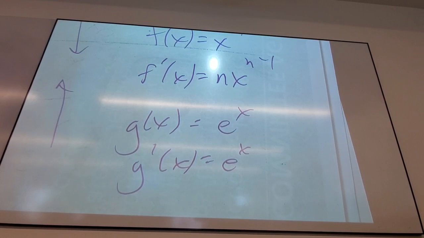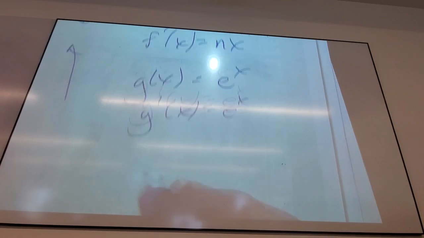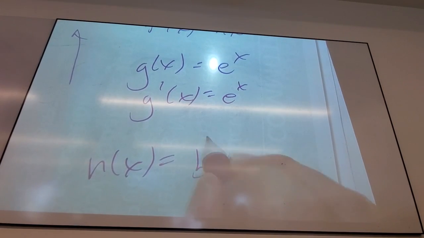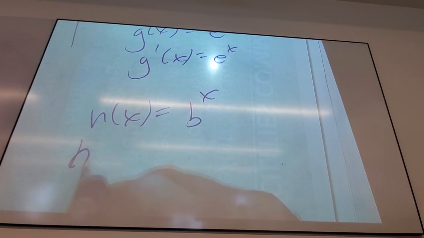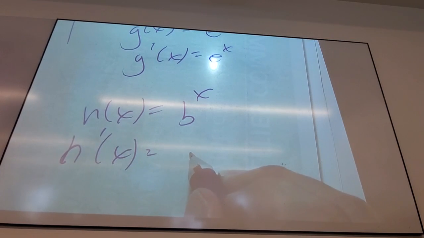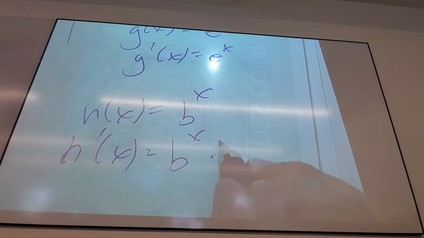And then the other one with the whole b to the x, that's the general one. If I have b to the x, what's its derivative? It's still b to the x itself, but there's a little adjustment: times the natural log of b.